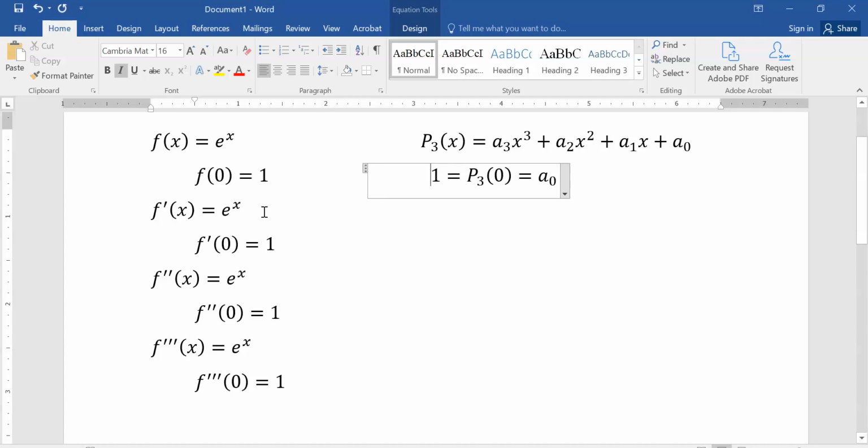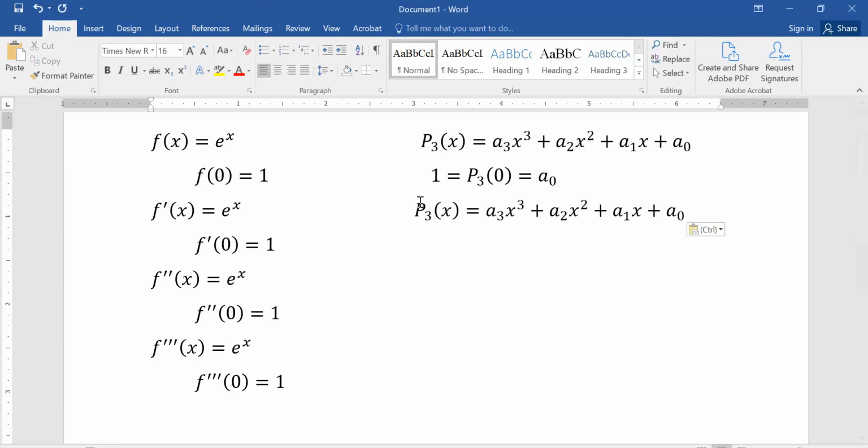Now, let's take the derivative. The first derivative of the function when I plug in 0 needs to match up with the first derivative of this polynomial when I plug in 0. So let's take the first derivative of this polynomial.